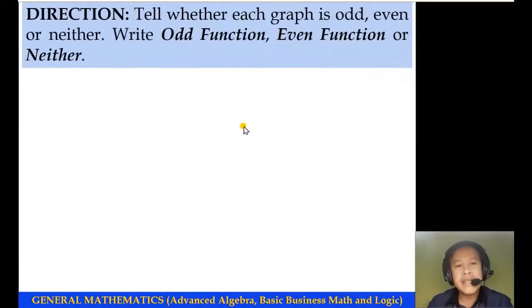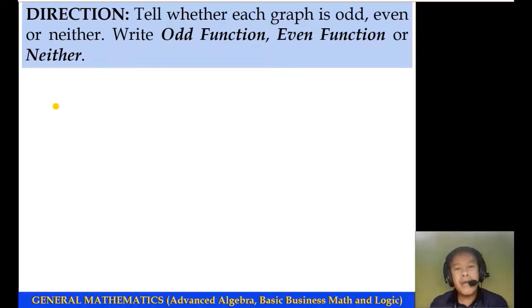Now, let us proceed with the second type of exercise in which we are going to tell whether its graph is odd, even, or neither. Right: odd function, even function, or neither. Now, this is very simple because, as we have discussed in the previous slides, it's very simple to identify whether a certain graph is even or odd or neither.